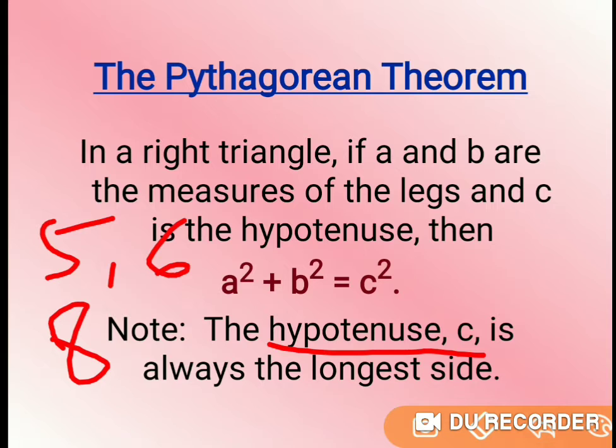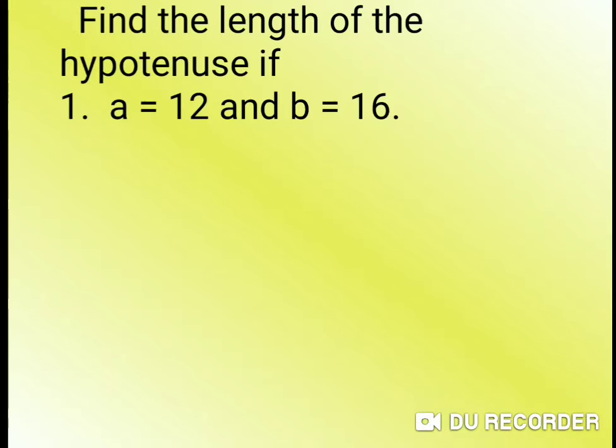These are the three sides of the triangle, that is 5, 6 and 8. So we always consider that 8 is the hypotenuse of the triangle. We always consider that the longest or greater side is the hypotenuse of the triangle.